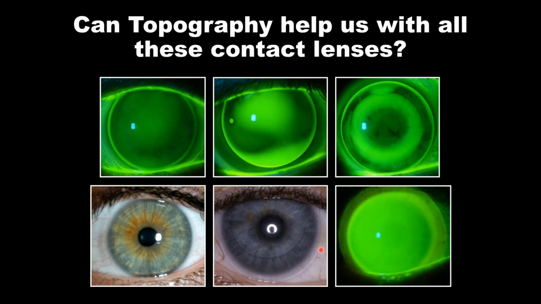So the question is, how can the topographer help us with all of these various specialty contact lenses that we might fit? And the story is that it is an incredibly powerful tool that aids us with virtually any type of specialty contact lens, or even conventional contact lenses like the big box brands. So let's get into that.